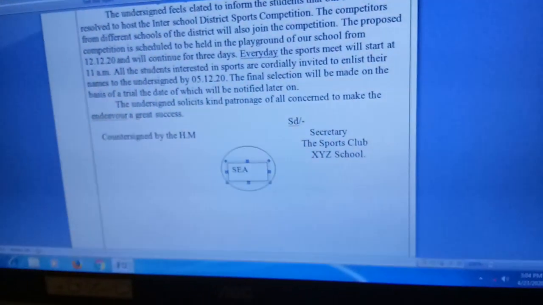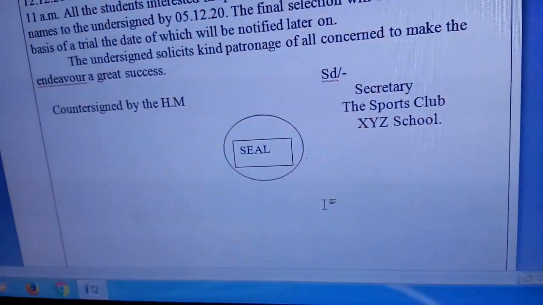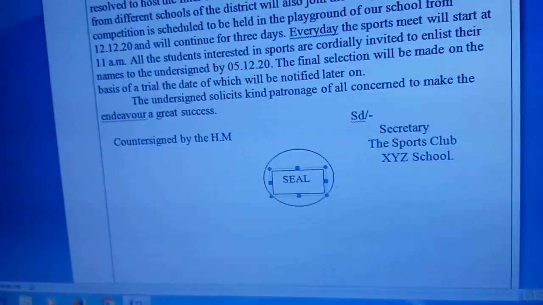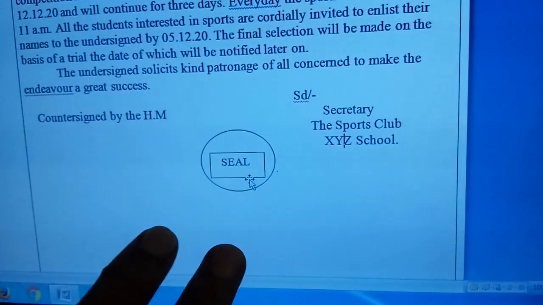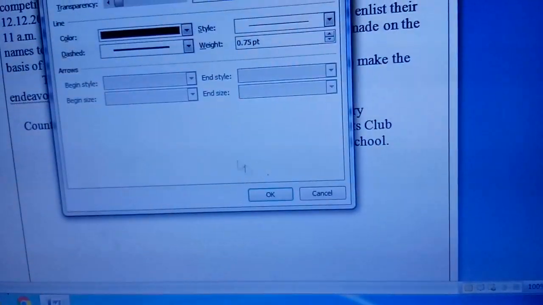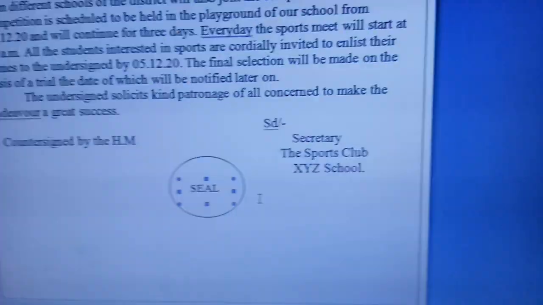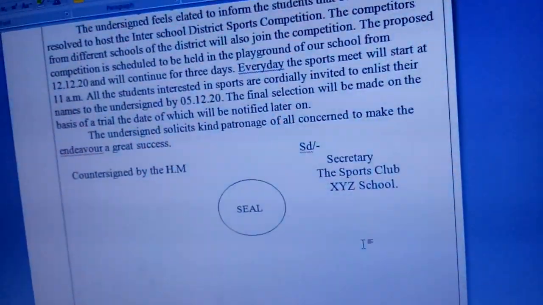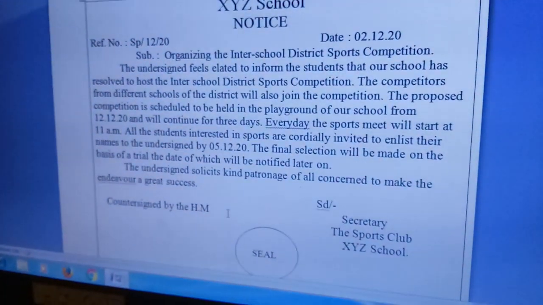You have to write the word seal here. This is also not obligatory for you, but still I am advising you to make this seal. That's okay. That is how you should write a notice.